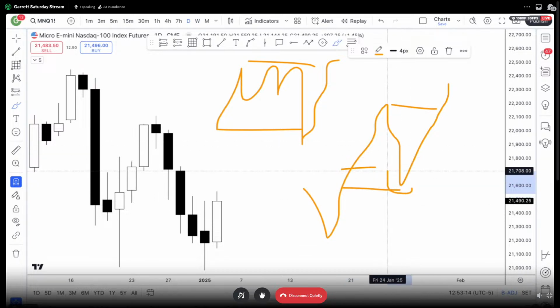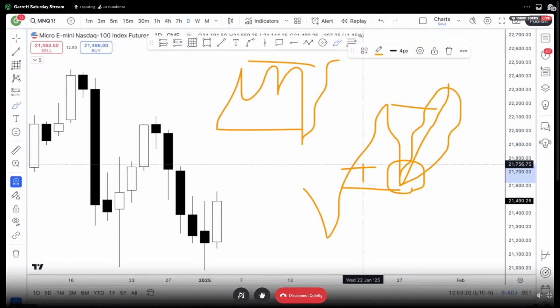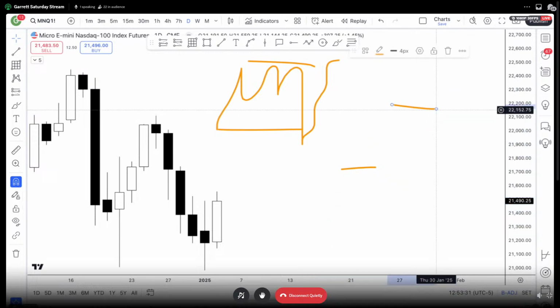And inside of here, you're going to have a weekly or daily manipulation to basically trade away from this monthly fair value gap. And that weekly and daily distribution is just going to be one solid candle on the monthly time frame.